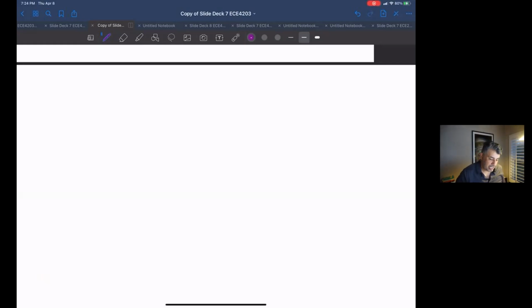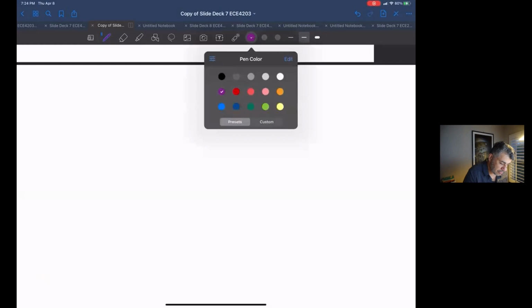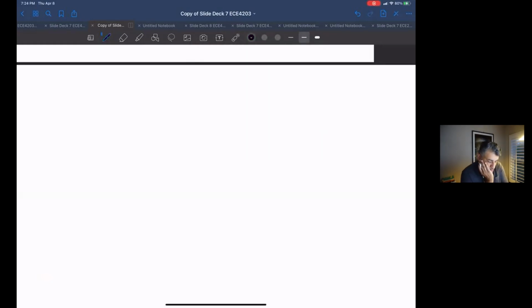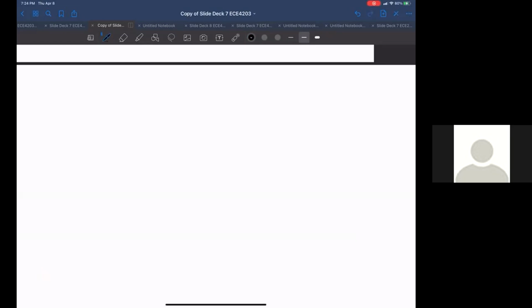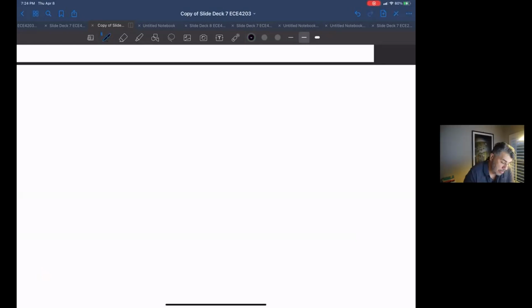Perfect. Okay, so first, do you want to talk me through what a 3-input NAND gate might look like? Now, let's go back a couple of steps.